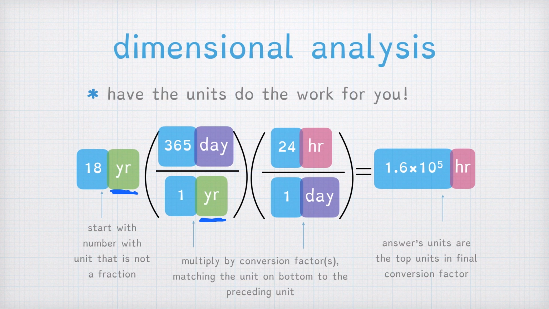And then on the top of the fraction, you're going to put another unit where you know the relationship between the two numbers. So for example, I'm going straight from years to days. Now you could think of this a different way, and you could have said, well, I know how many months there are in a year, so I'll use months.